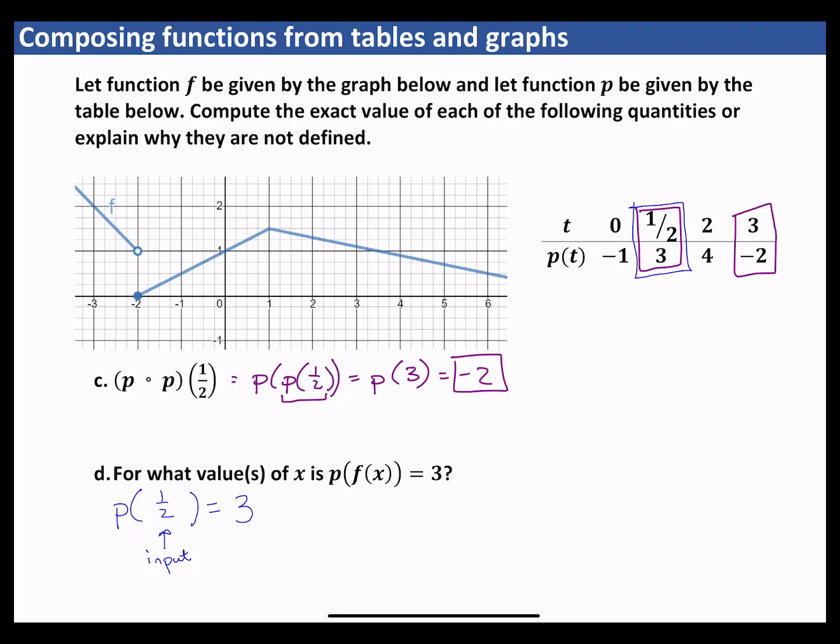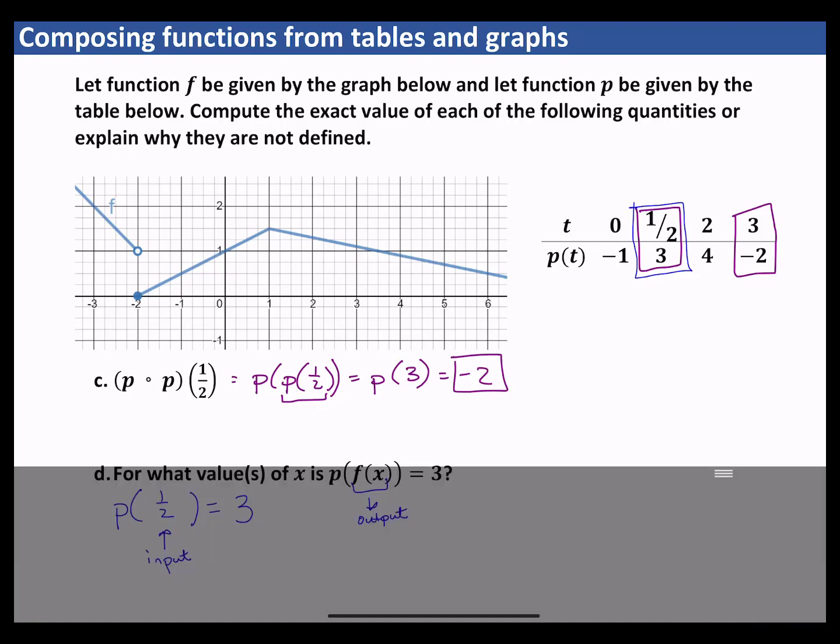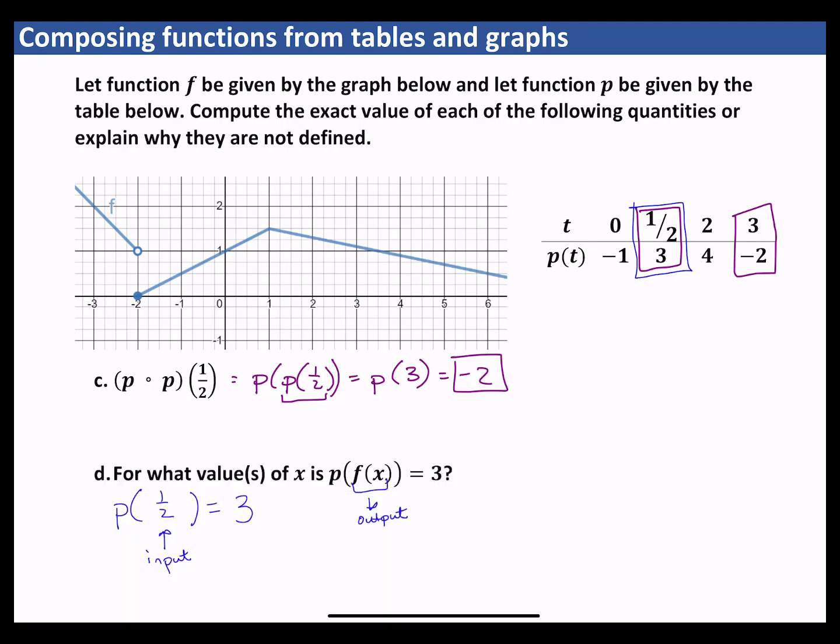So remember that the input for function p is also the output for function f. So now what we're actually trying to do is find where f of x equals 1/2.